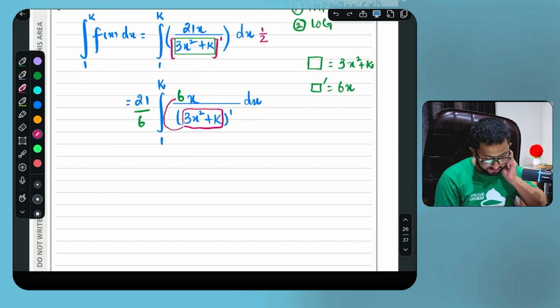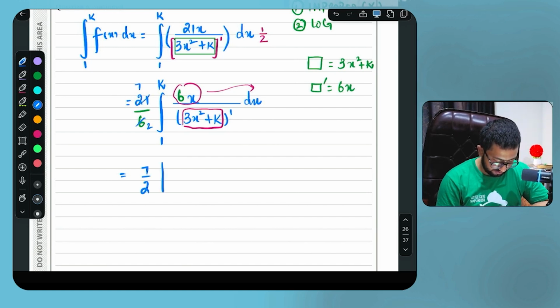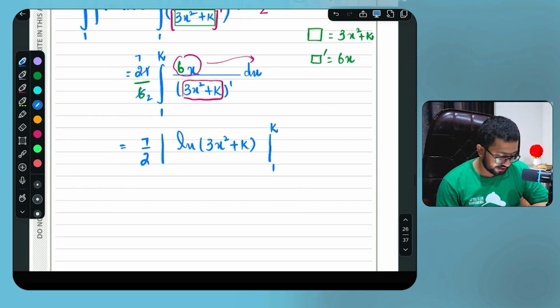So three things will disappear: the integration sign, 6x and dx. So 3 twos are 3 sevens, 7 over 2. The integration of this function will convert into ln of the box, and the box is 3x squared plus k.